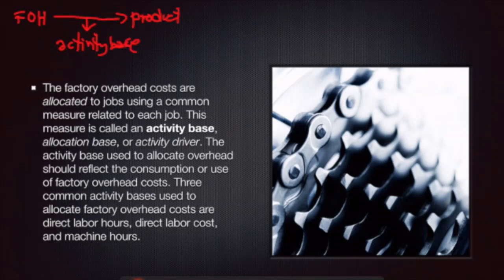Now we use an activity base because it is impossible or difficult to trace overhead costs to a particular job. Another reason is that manufacturing overhead consists of many different items, ranging from the grease used in machines to the production manager's salary. And many types of manufacturing overhead costs are fixed even though output fluctuates during the period. So this activity base is what drives the cost.